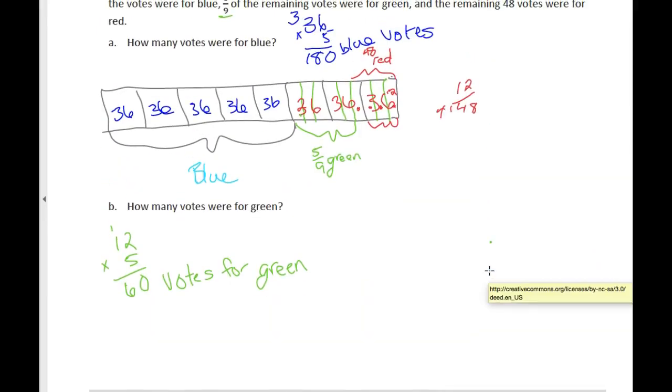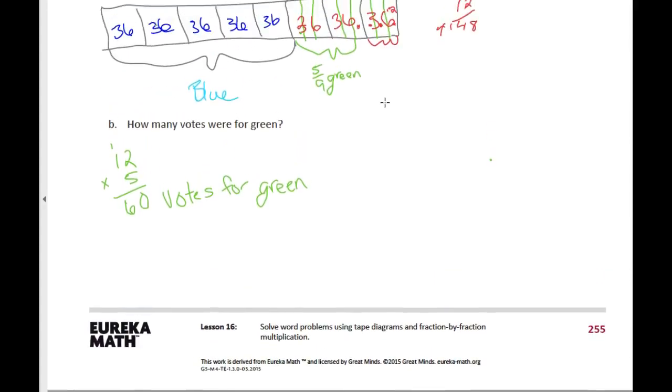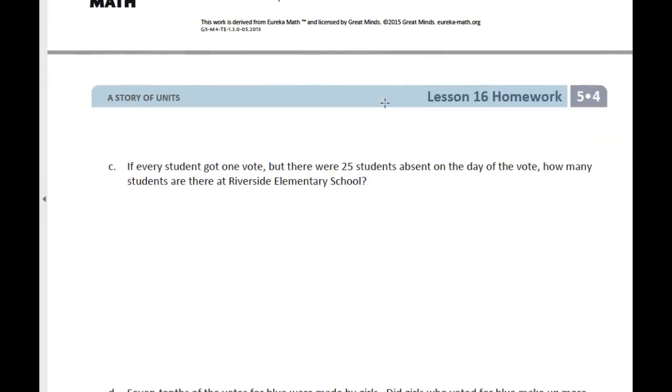So if we look at this again, and we can figure out 36 times 8, right? 1, 2, 3, 4, 5, 6, 7, 8. So there was 36 times 8 is how many votes that there were. 36 times 8. I know 6 times 8 is 48.